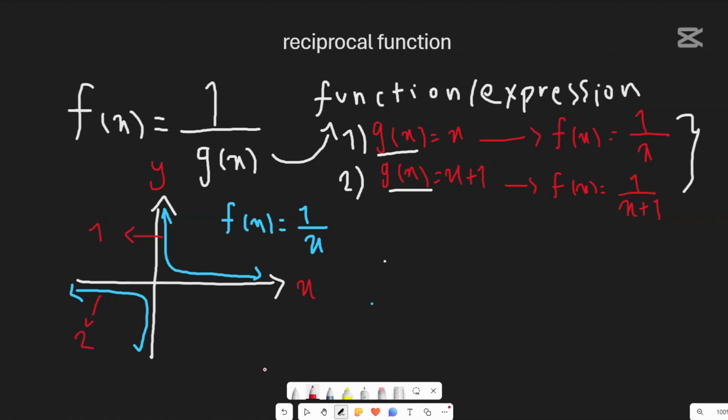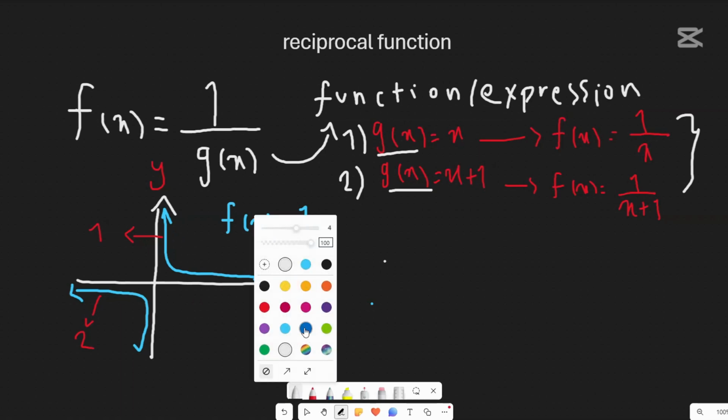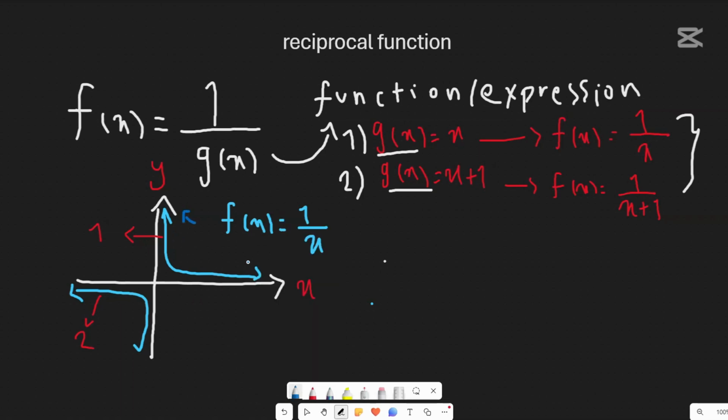The main point about this function is that it goes to infinity here, and infinity here also, but this line never touches the x and y axis. It's the same story for the second part. So this goes to negative infinity, this goes to negative infinity, but this line never touches the axis. And that gives us very important information about the domain and range.